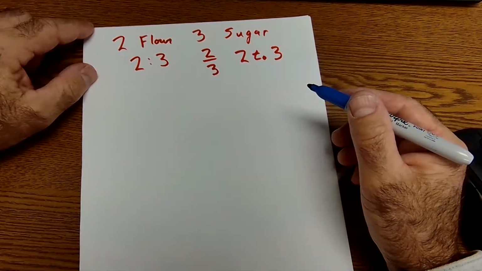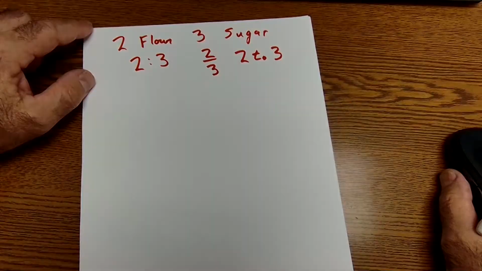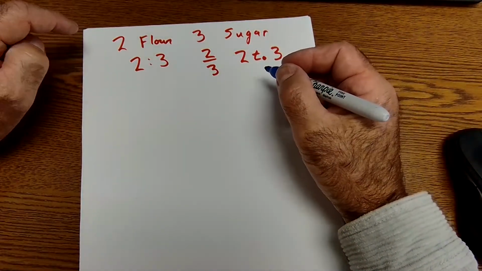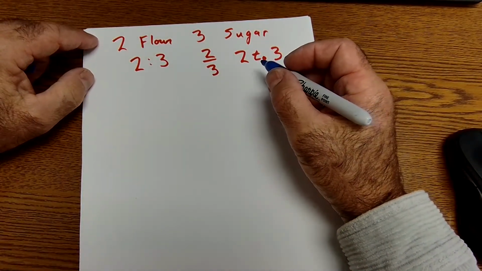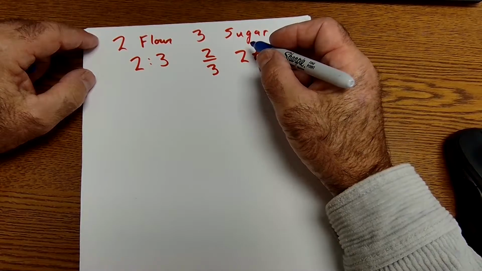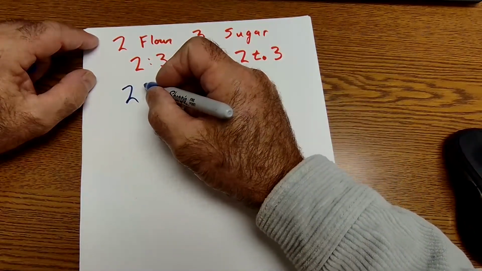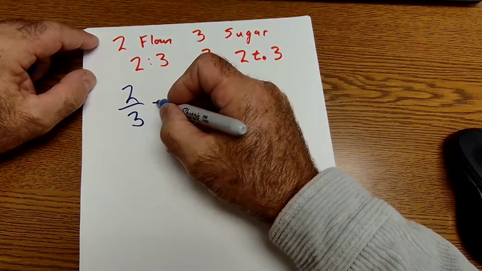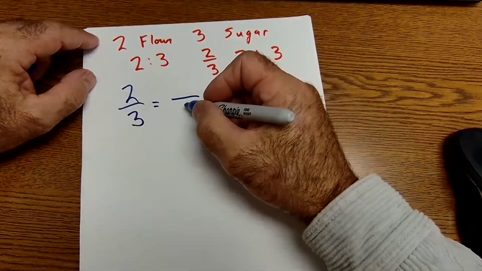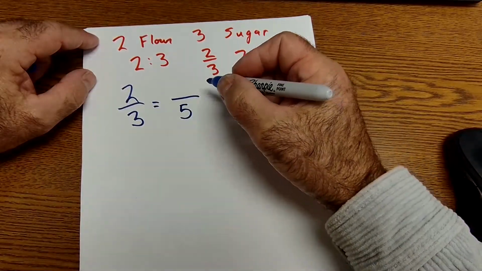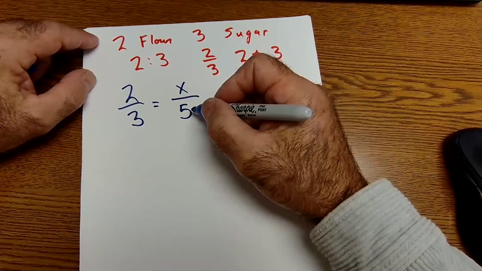The other way that you're going to see this, especially in arithmetic reasoning, is, well, what if I had 5 cups of sugar? The way you set that up is 2 to 3. If I had 5 sugar, that would have to go down below. How many flour would I need for 5 sugar?